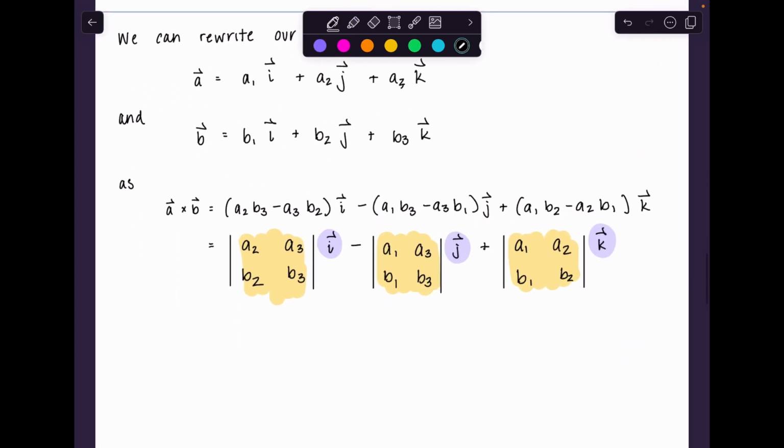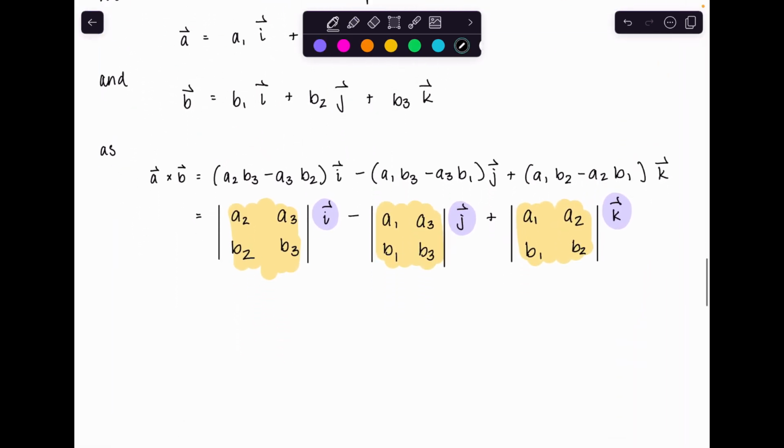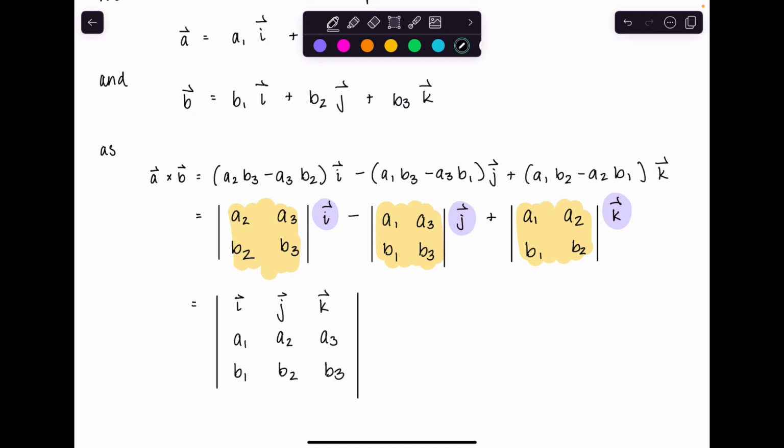So really, when I'm taking the cross product, what I'm doing is I'm taking the determinant of the matrix whose first row is I, J, K, and then the second row are the components of the vector A, A1, A2, A3, and then the third row are the components of B, B1, B2, B3.